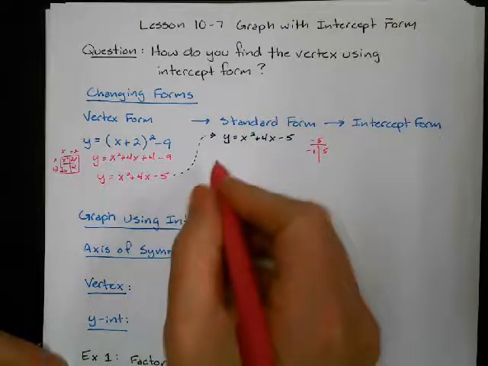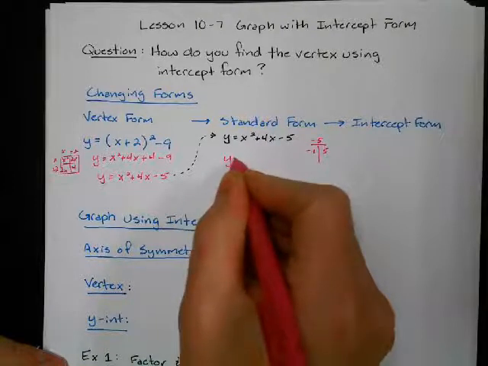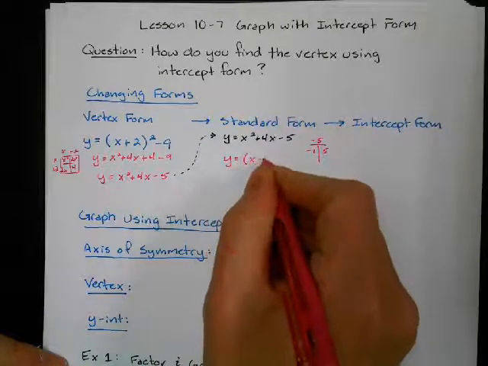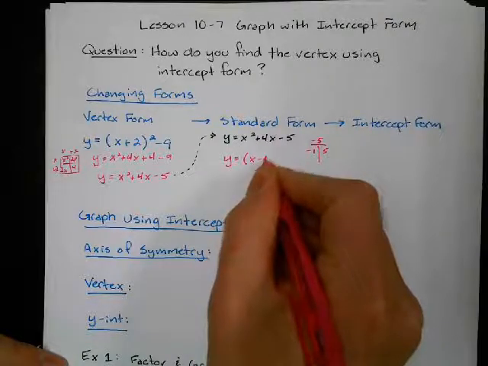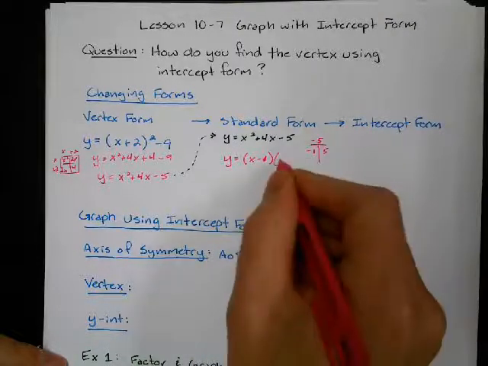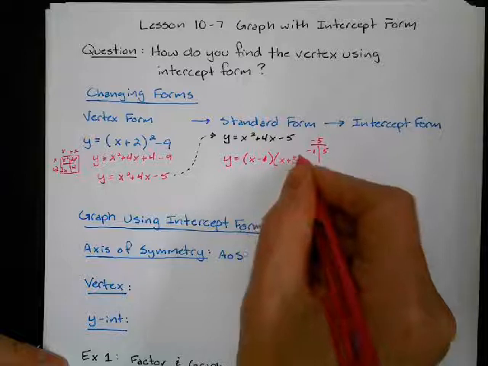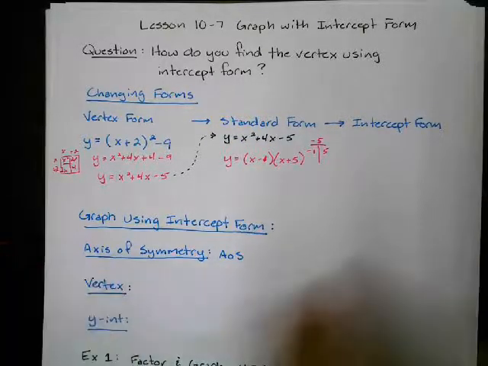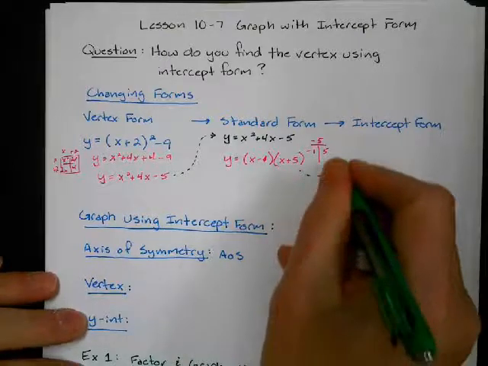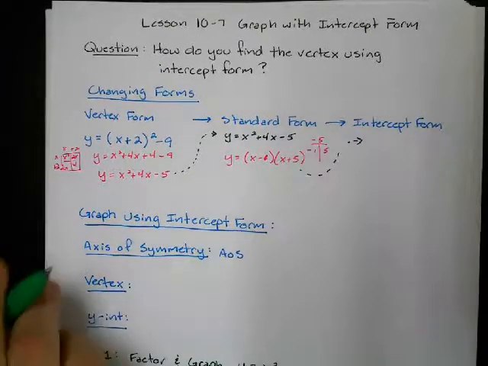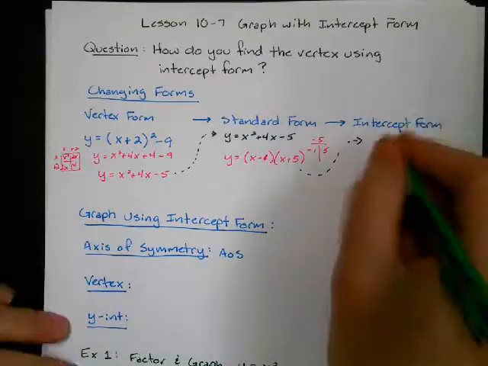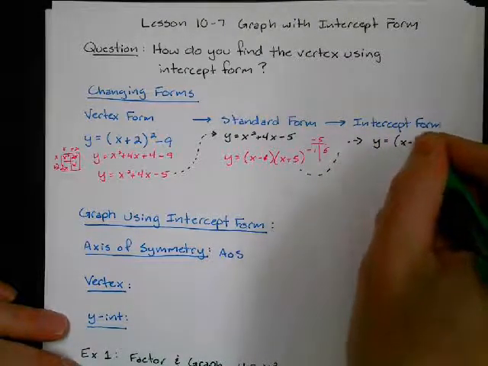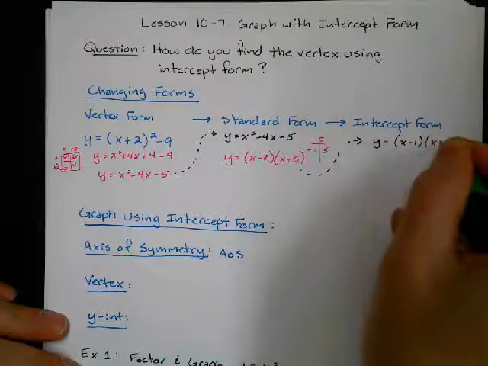So I could split this up into y equals x minus 1 times x plus 5. And now we've taken our standard form and switched it into intercept form. So intercept form for that one would be y equals (x minus 1)(x plus 5).